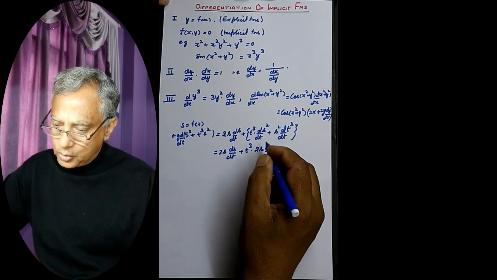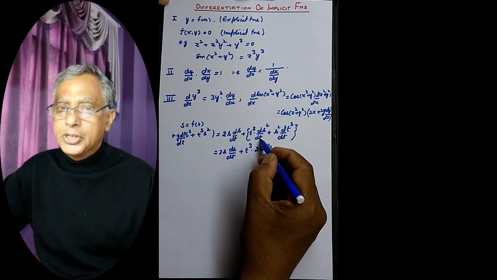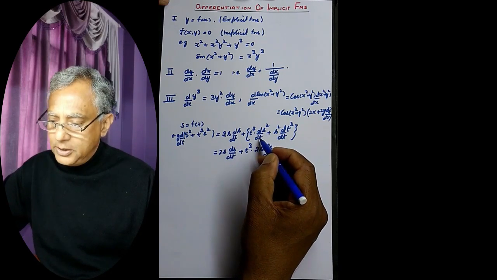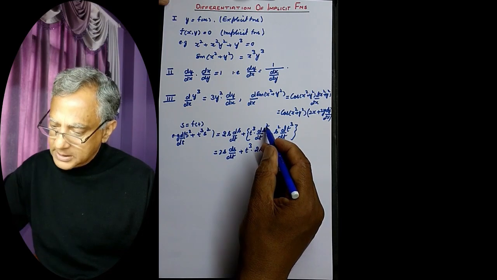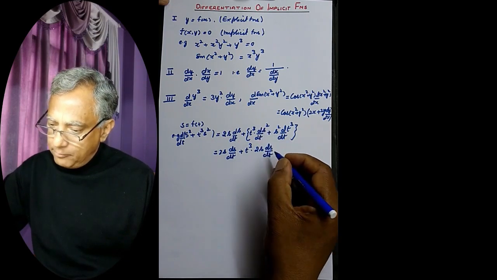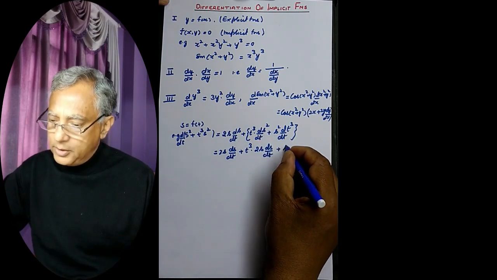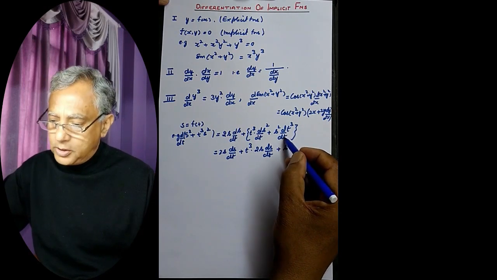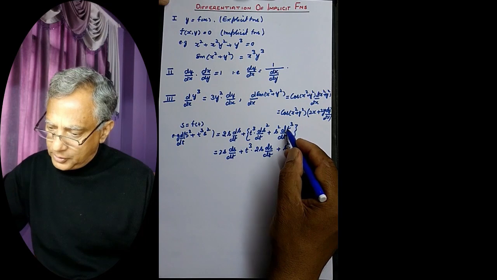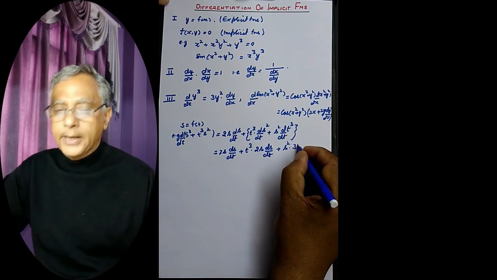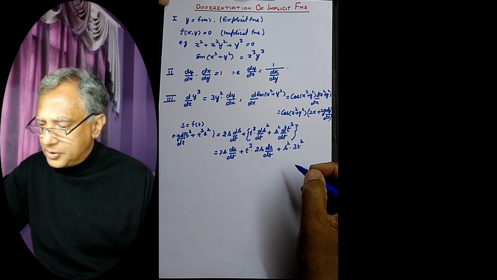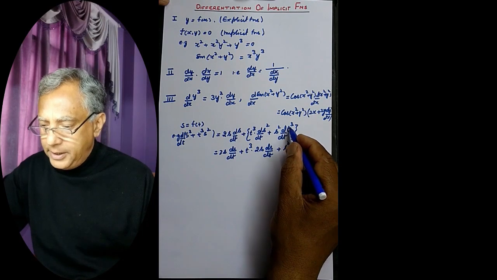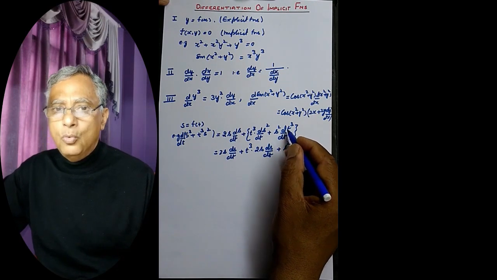Then s square into the differential of t cube, which is 3t square. Even if I take the differential of the inner function, d by dt of t, it will be 1.